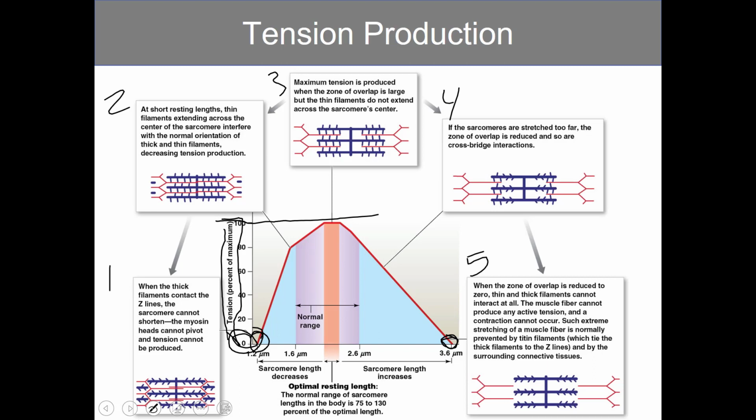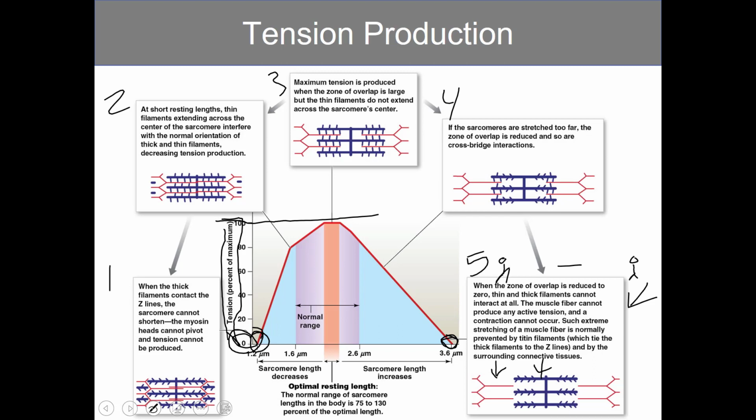Why is there 0 tension produced in the case of 5? Well, the answer is there's no overlap. The actin and myosin molecules don't overlap, so they cannot form cross bridges. It's almost like your tug of war: here's your rope, and your people are all the way back here.